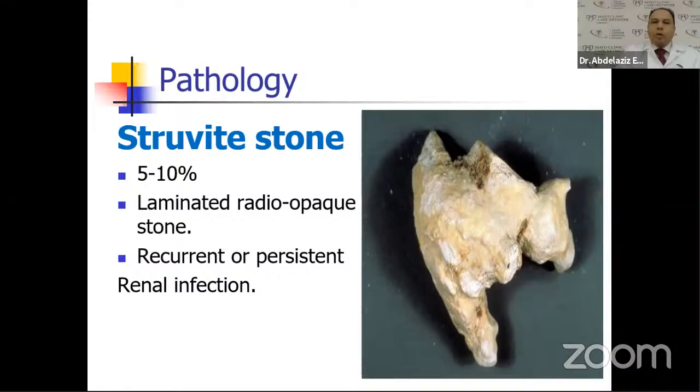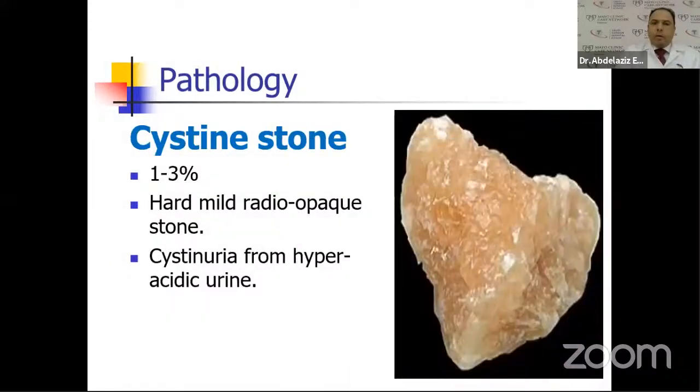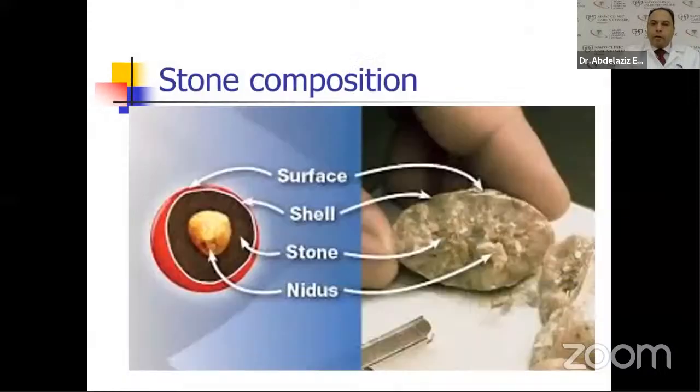Infection stones or struvite stones represent about 5 to 10% of urinary tract stones. They appear lamellated and are radio-opaque stones due to recurrent or persistent renal infection. About 1 to 3% of urinary tract stones are cystine stones, which are hard, mildly radio-opaque stones caused by cystinuria.